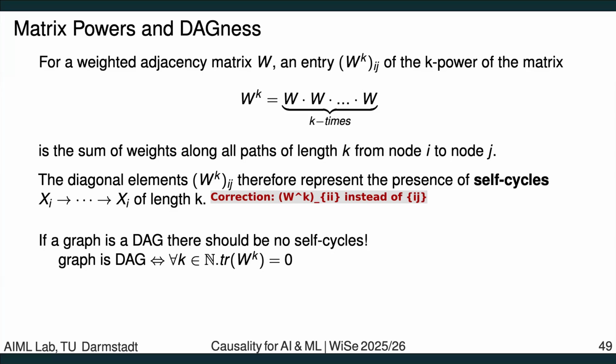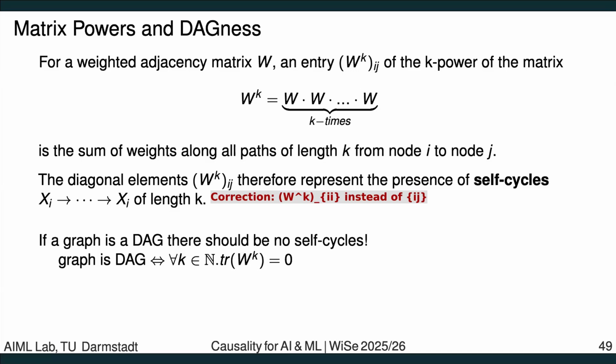So we don't care if we have a positive or negative weight. If there is some path, no matter its weight, we have a problem. So what we would like to have is really this trace being 0, which is only fulfilled if all the diagonal entries are 0.